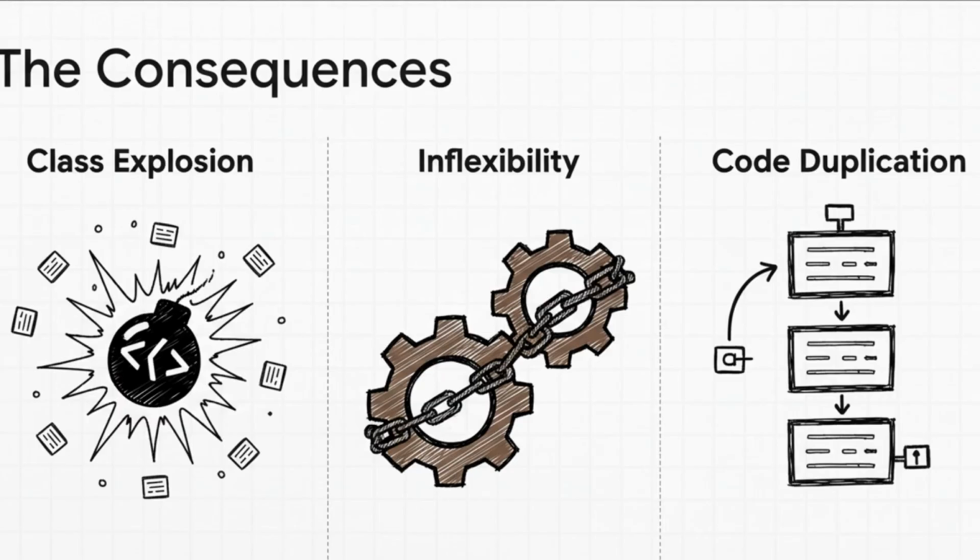Second, your whole system is incredibly rigid. Just adding one new remote type means you might have to create a whole bunch of new classes. And finally, you end up with code duplication all over the place. The same logic for power on or volume up gets copied and pasted everywhere.